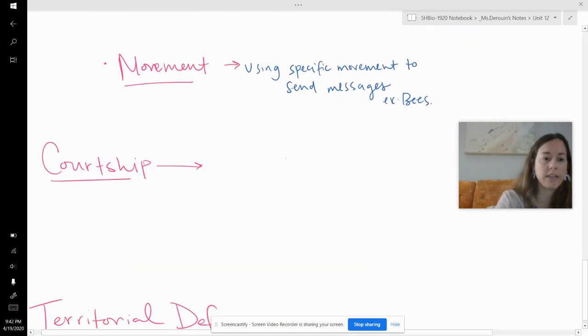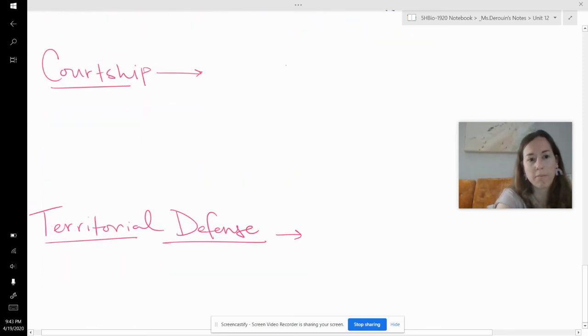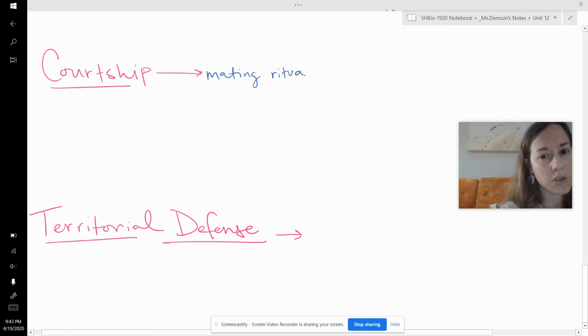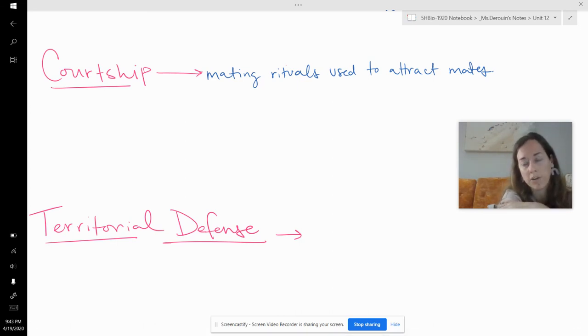All right, almost done. Just want to talk about these two more that are kind of in their own category. So both of these are innate behaviors, but they're very specific. So courtship and territorial defense. Courtship is mating rituals used to attract mates. Usually in animals, it's a behavior done by the male to attract the female.